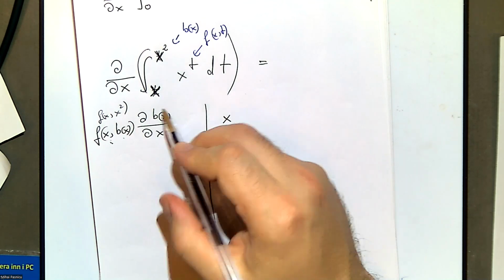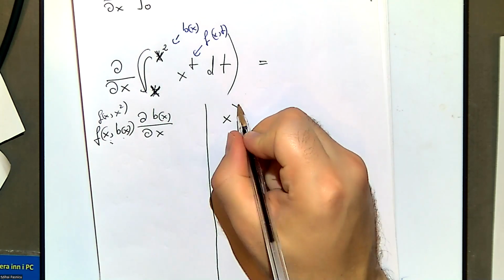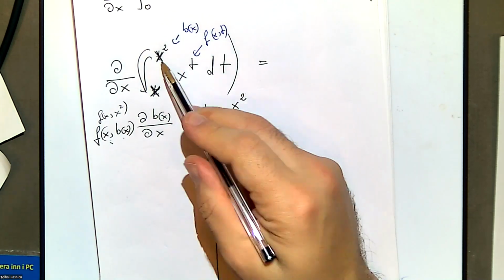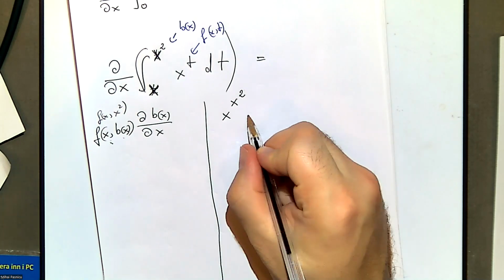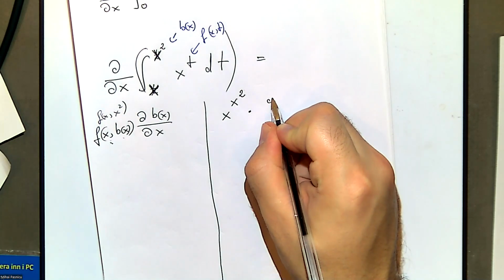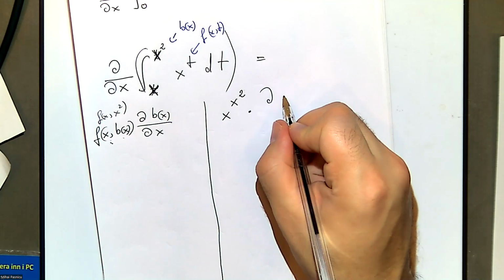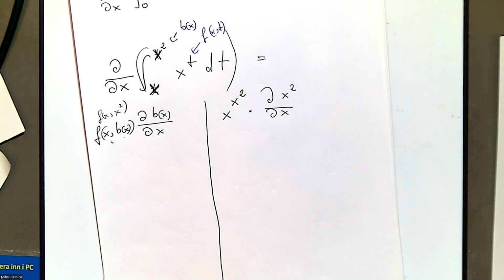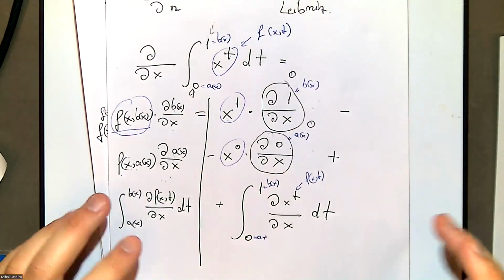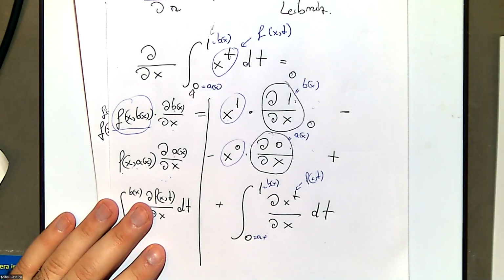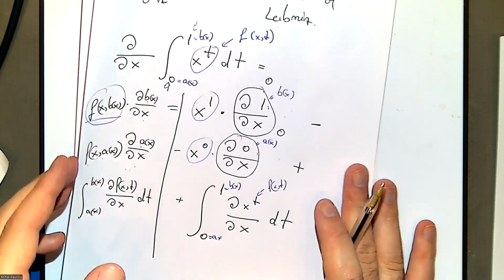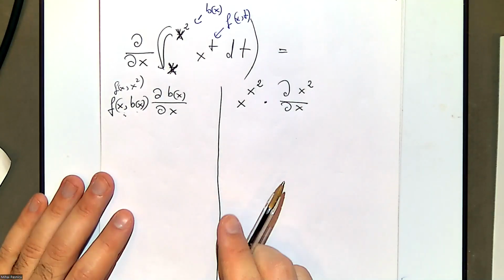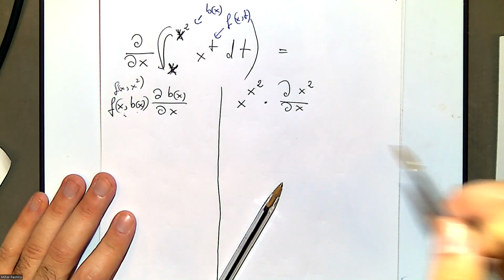So x to the power of x squared, because t is now x squared, times the derivative of b of x, so that's x squared, with respect to x. So again, instead of the 1 that I had here, I just replaced it with x squared, which is my new b of x right here.